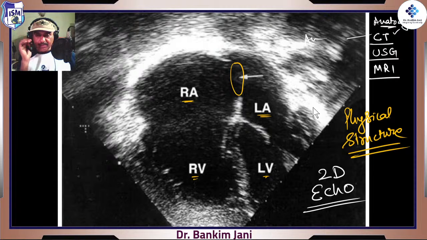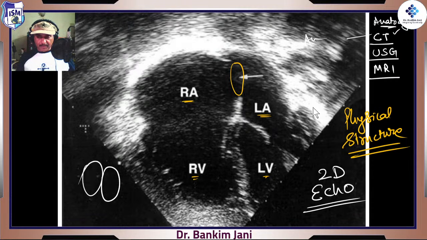CT works on the principle of difference in density, differential density. So if there is one structure over here, and there is another structure over here, and both these structures are almost of the same density, then we won't be able to differentiate between both.